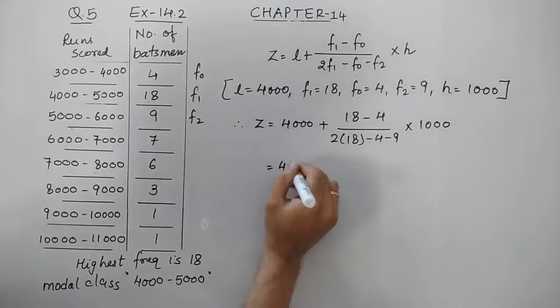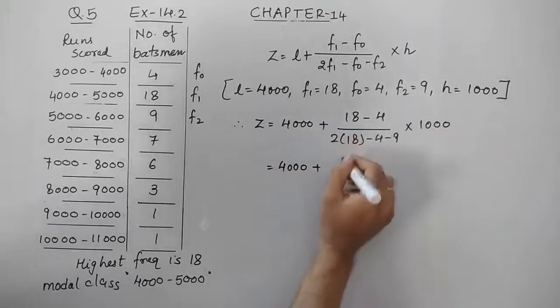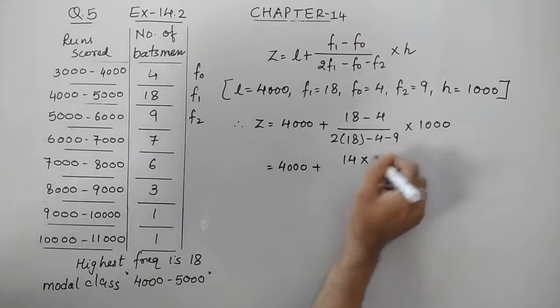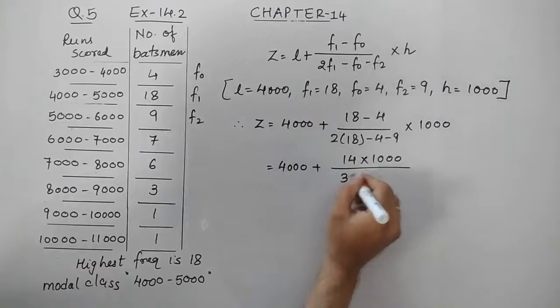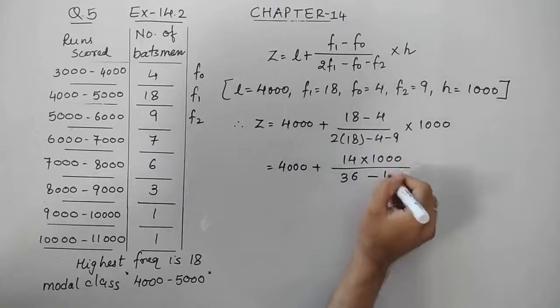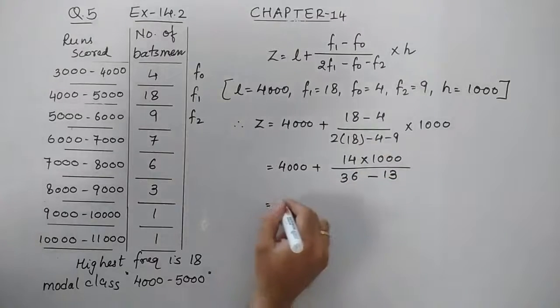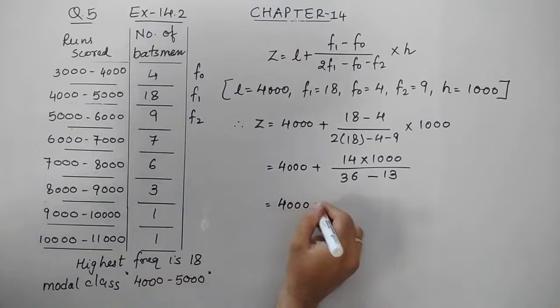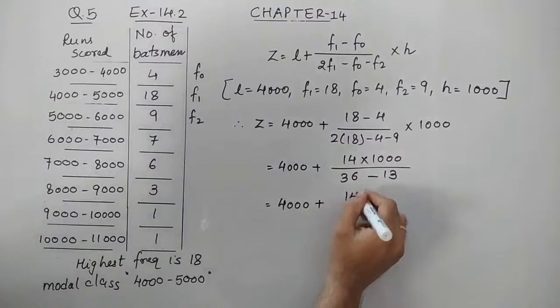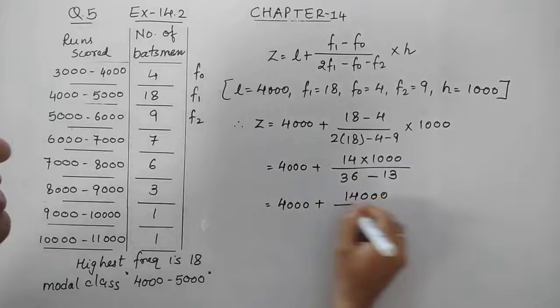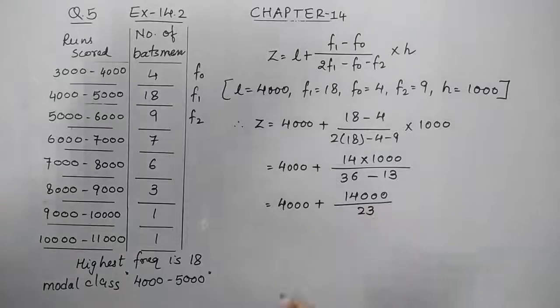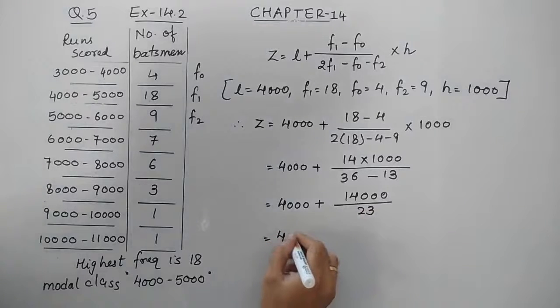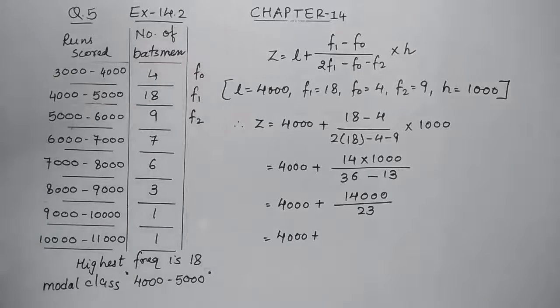Substituting, it's 4000 plus the subtraction is 14, multiplied by 1000, and 2 into 18 is 36. The denominator is always a subtraction, that is 13. So it is 4000 as it is, plus 14,000 upon the subtraction of these, that is 23. Again, like the previous one, we have to do the division and note it down.